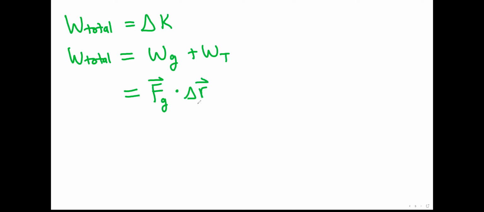So it's the force times the displacement. Yeah. And likewise, this is just the definition of work. It's force times displacement. So we now have the force due to the tension in the rope dot producted with the displacement vector.